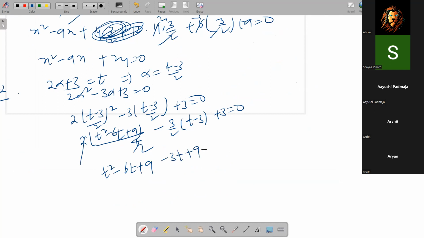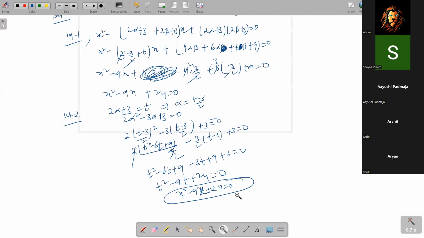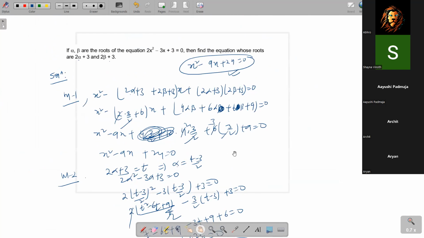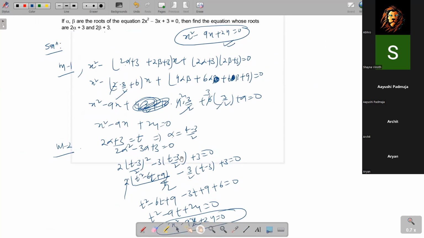Minus 3t plus 9 plus 6 equal to 0. t square minus 9t plus 24 equal to 0. Just replace the variable. Correct? Everyone done? This is a very easy question. Correct, guys?